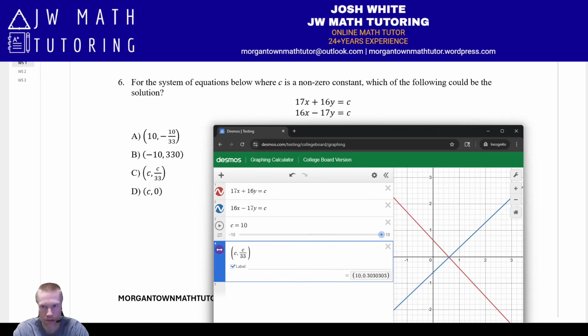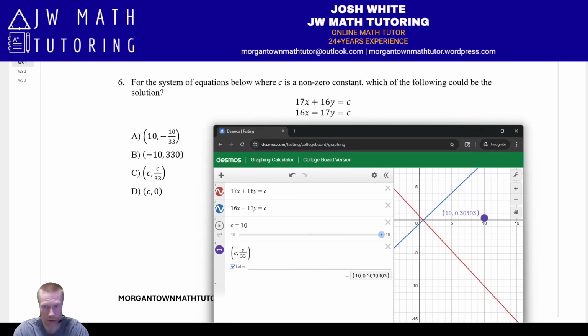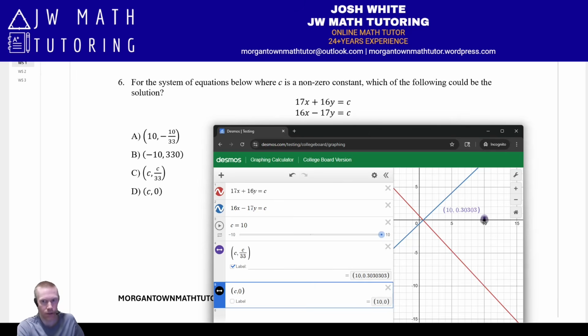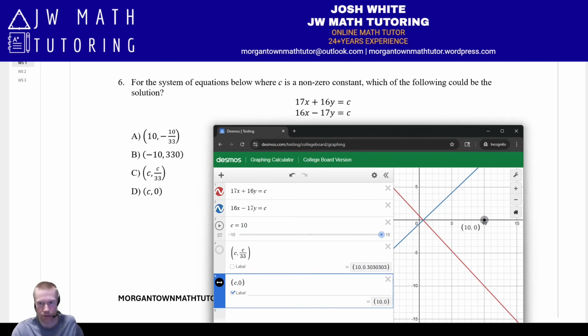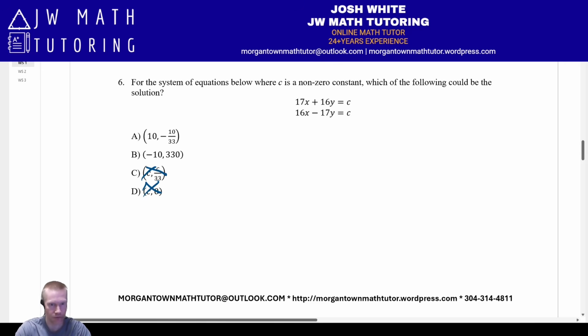Is that the solution to the system of equations? No, it's not. It's way over here. So C is out right off the bat. And then D, which is C comma 0, that's very, very close to it. Let's turn this one off. Turn this off. Okay, that's also not a solution. So those 2 we can just go ahead and get rid of right off the bat. They're wrong. All right, so we have 2 of them left to check.